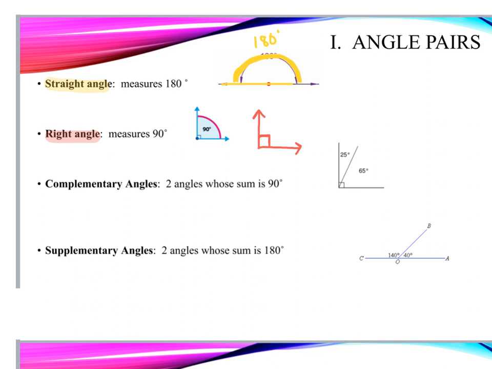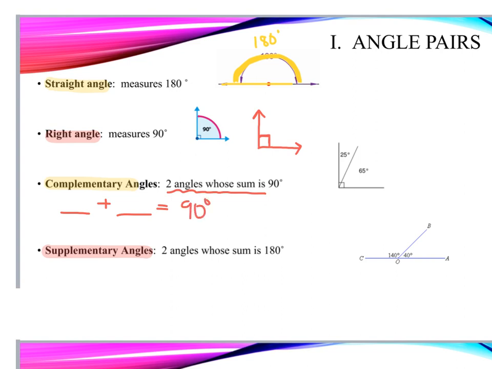Okay, two very important words. You're going to hear these a lot. First word, complementary angles. And the second word, supplementary angles. Okay, let's go back and talk about the word complementary. Complementary angles are two angles that will have a total sum of 90 degrees. So two angles will add up to give me a total of 90.